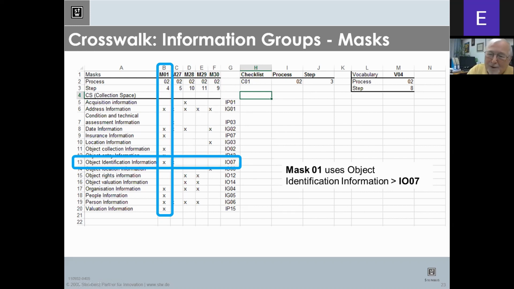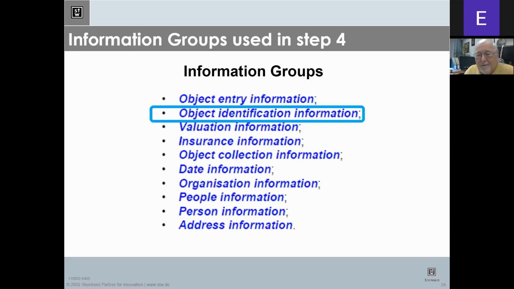It goes too much into technical detail. This tool, I hope I can make it transparent to you. It's very important if you are setting up a system. It's very important if you have to decide what system you're using, so you can check a cataloging system against these roles and information.